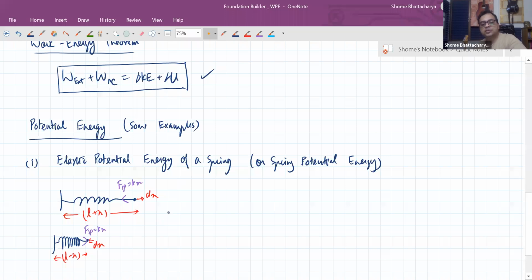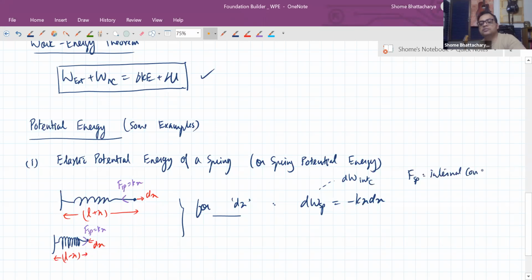So in either of these cases, you can see that for a small displacement dx, the work done by the spring force will be minus kx dx. Here the spring force is the work done by the internal conservative force, because the spring force is the internal conservative force.